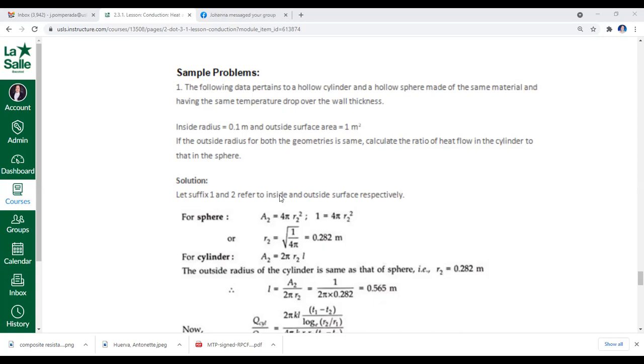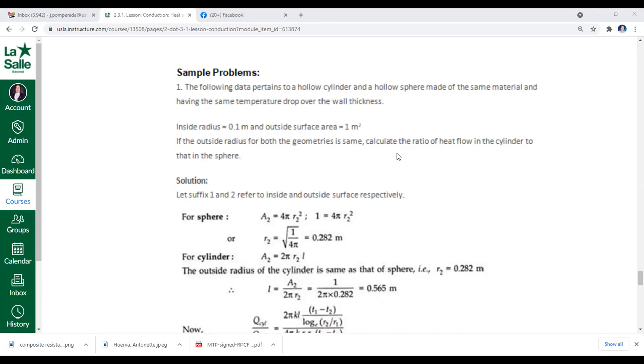In the specific problem that we are discussing here, they have the same material, and there was no mention of your sphere being made of composite materials in layers. So your sphere and your cylinder are each made of just one particular material, and it's the same for both. If your problem is, for example, a sphere with a series of resistances, the formula in finding the heat transfer would be the same.